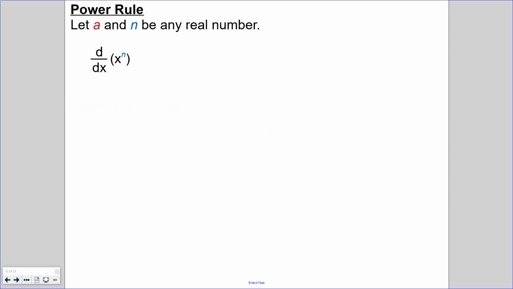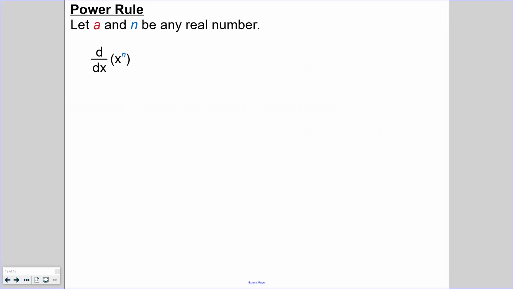And last but not least, we have the power rule. And this is probably one of the rules you are going to use the most in this class. Power rule is everywhere. So here we're going to let a and n be any real number. And we want to find the derivative, d over dx, of x to the nth power.